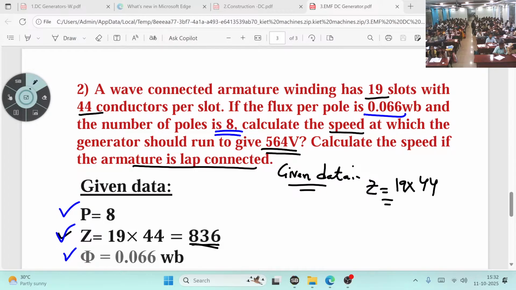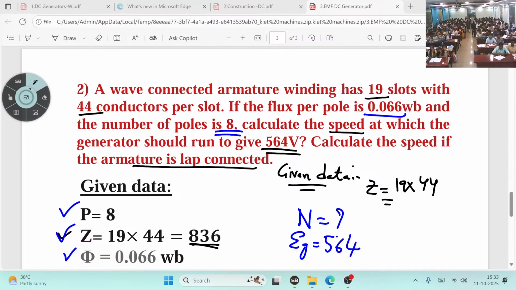What is P? What is N? We have to calculate N, the speed, at which the generator should run to give 564. So EG is equal to 564. What is the formula you have to use?